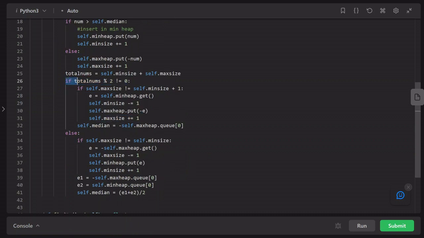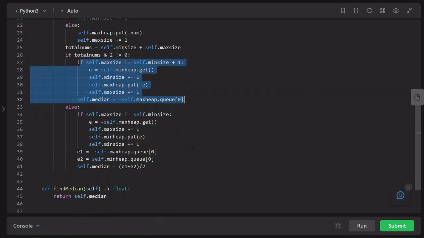Whenever the total number of elements is odd, we expect that the max size is just 1 greater than the min size. If that is not the case, we remove an element from the min heap, put it into the max heap, and then we find the topmost element of the max heap. You can say this is a corner case.